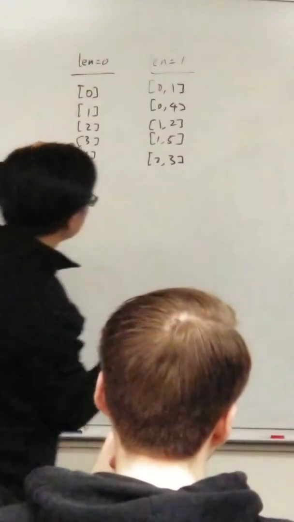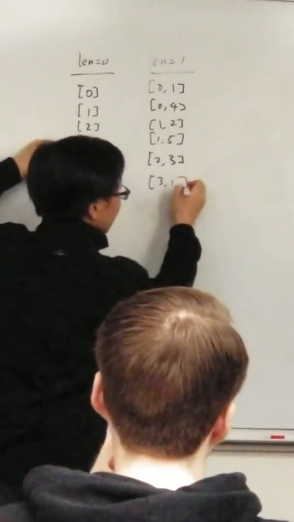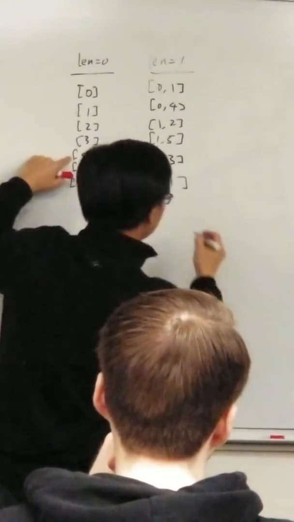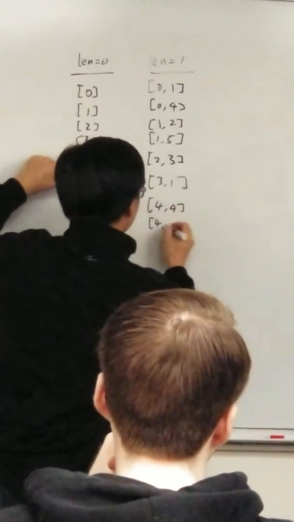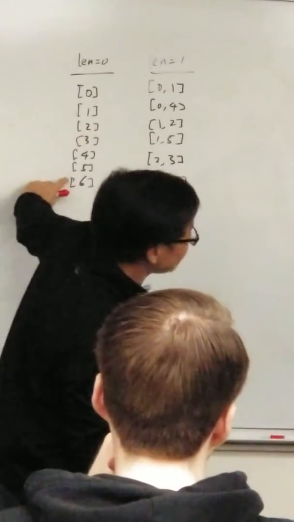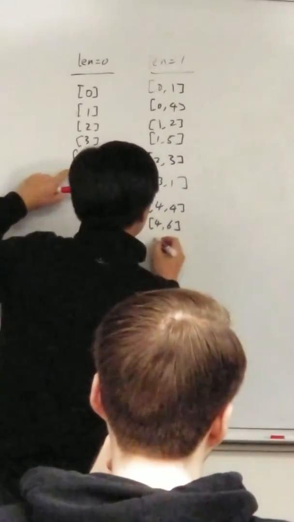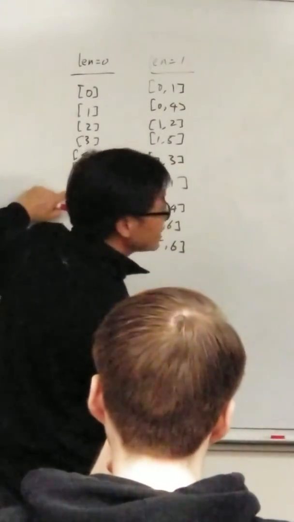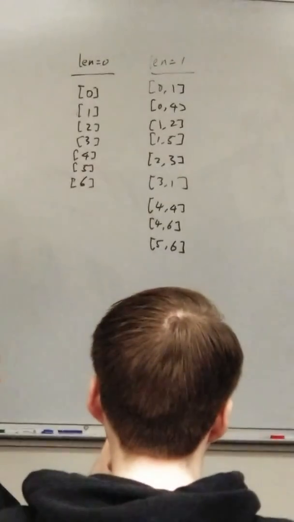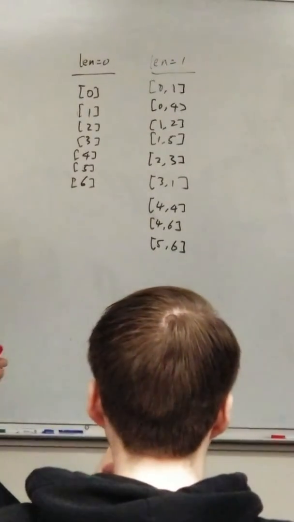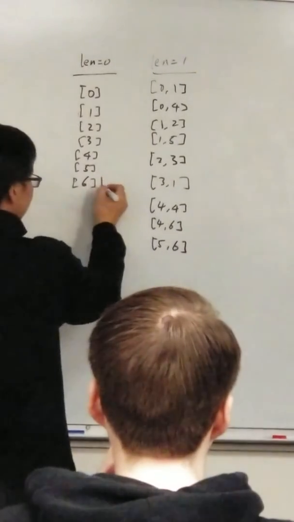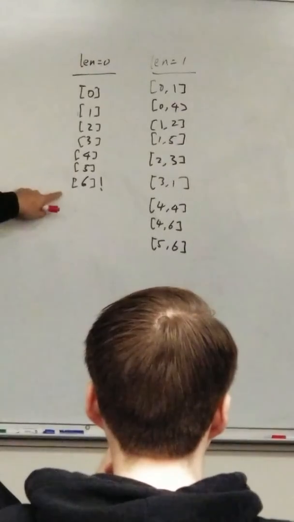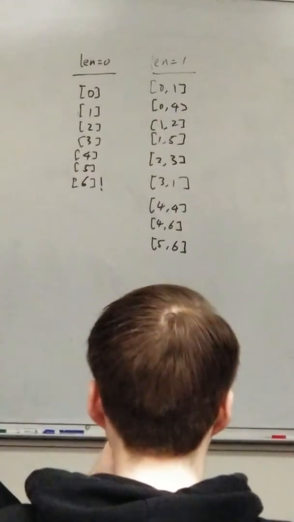Then we go to 3, would be 3, 1, that's the only one, right? Okay. 4, 4, and 4, 6, right? And 5, 5, 6. And 6, you don't have any. So I'm going to use an exclamation mark to indicate this path can no longer be extended.